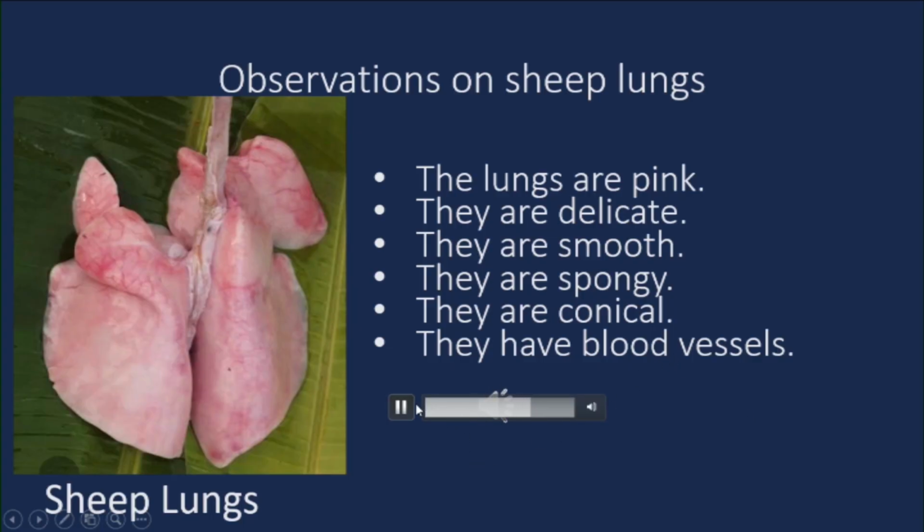I found the lungs of a sheep. My observations are: the lungs are pink, they are delicate, they are smooth, they are spongy, they are conical, they have blood vessels.